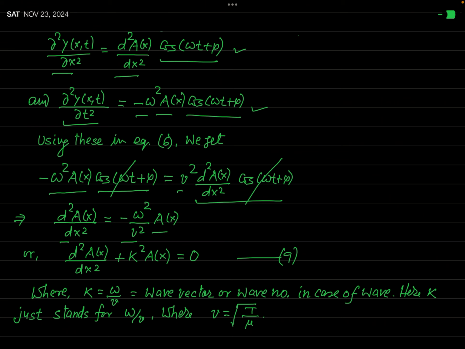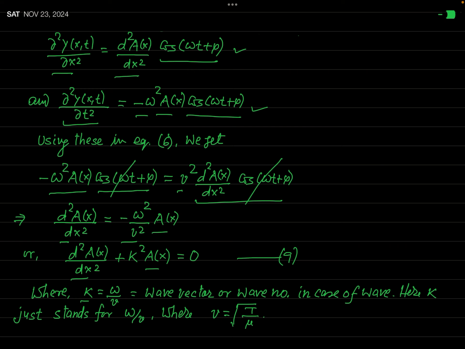Or you can write this equation as d2A of x by dx square plus k square times A of x equal to 0, where k has been written instead of omega over v.